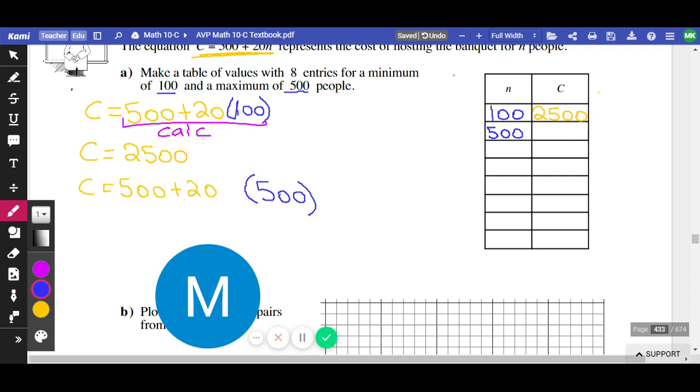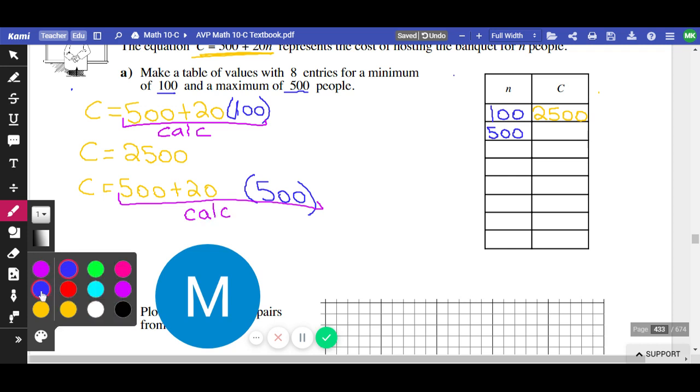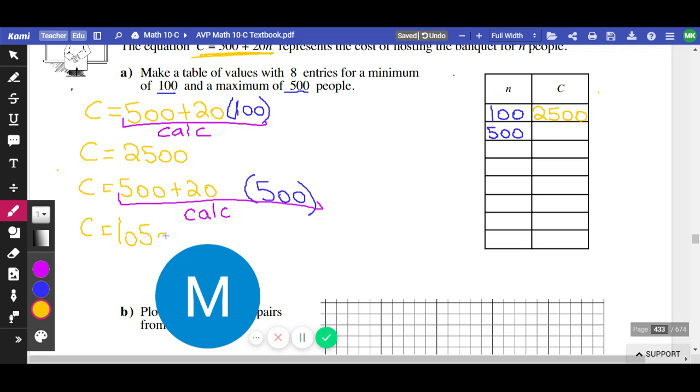I calculate this whole thing. I don't know why my 500 moved so far to the right. And we figure out that the cost is equal to 2,000, 4,000, 6,000, 8,000, 10,500. That was painfully slow.